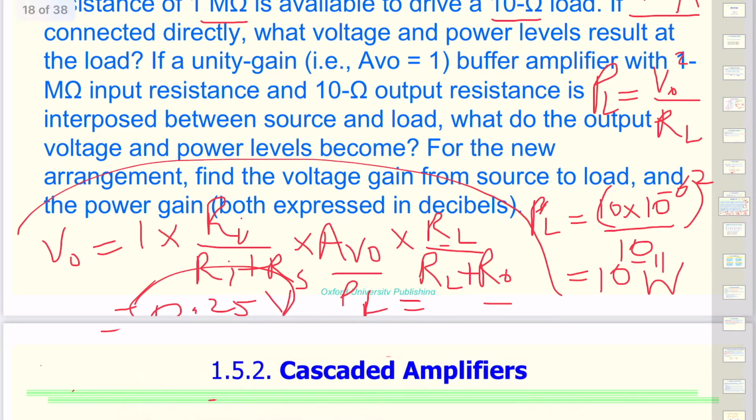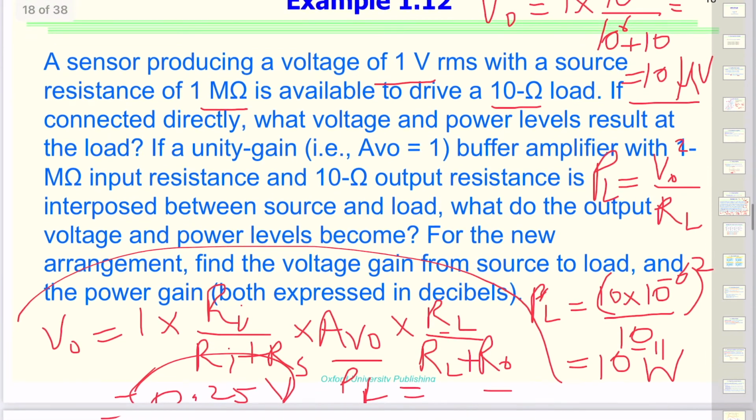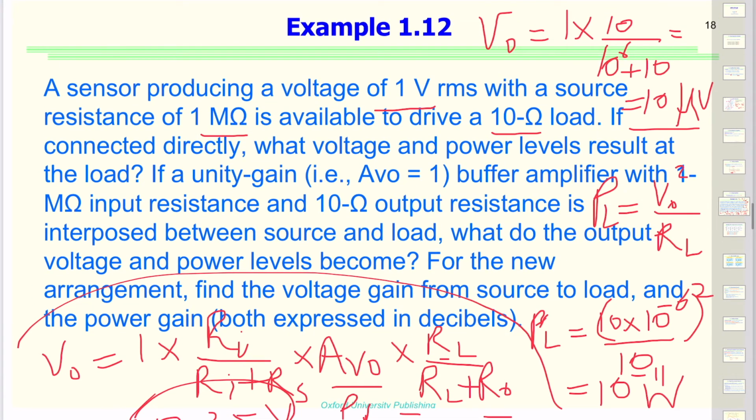Now looking at this example, we see that there may be requirements where we have to design an amplifier which has input conditions and output conditions that need to be met. So we design the amplifier as a cascade of two or more stages. They are not identical. In fact, they are designed to serve specific purposes.